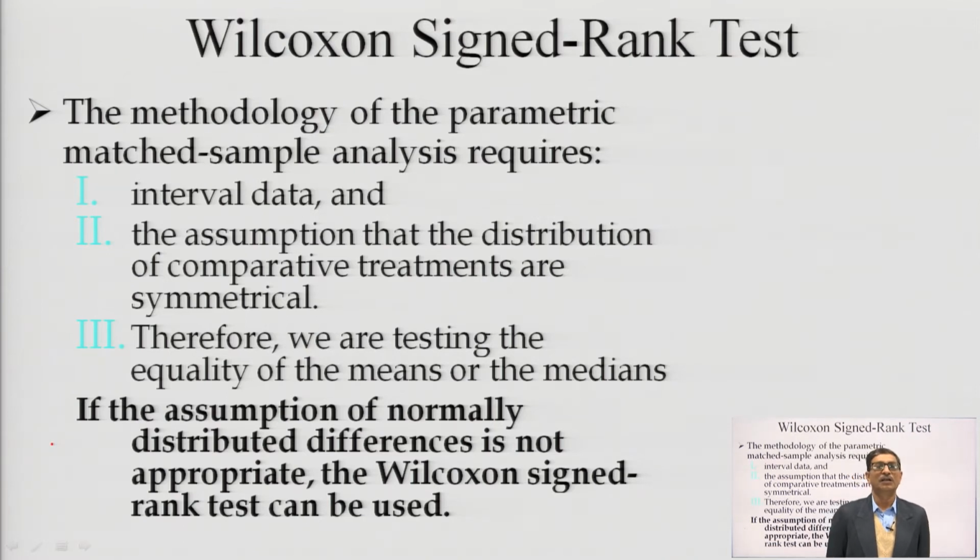That means data should be normally distributed or have a bell shaped curve. Therefore, we are testing the equality of the means and medians, but if the assumption of normally distributed differences is not appropriate, then the Wilcoxon sign rank test can be used for matched pair data.